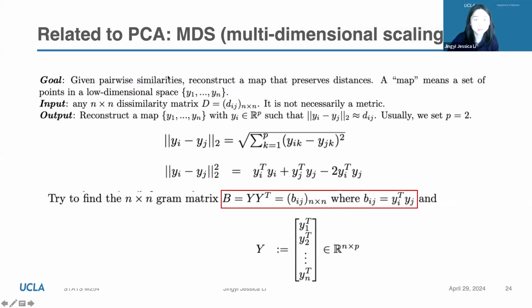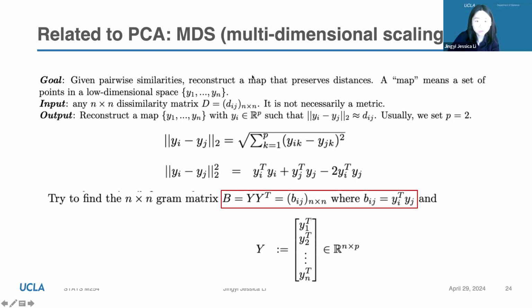Given pairwise similarities, distances can be converted into similarities. For example, if the similarity is absolute value Pearson correlation, 1 is similar, 0 not similar. We can do 1 minus Pearson correlation to make it a distance. So there are different ways to convert similarity to distances.